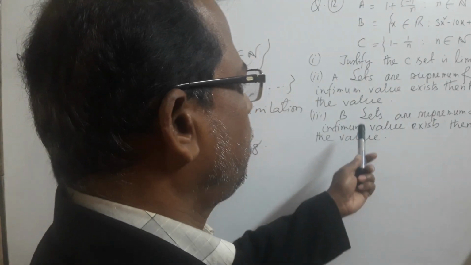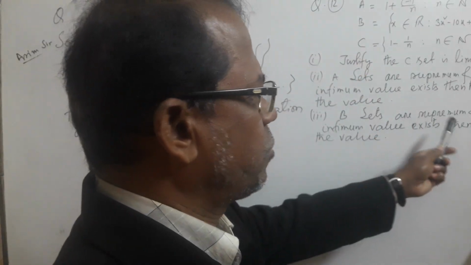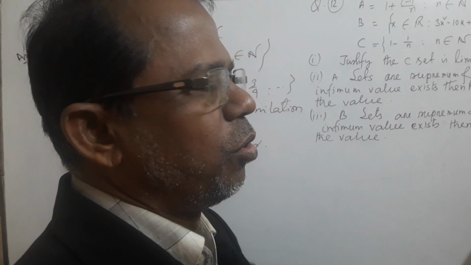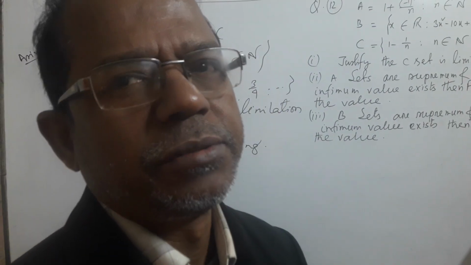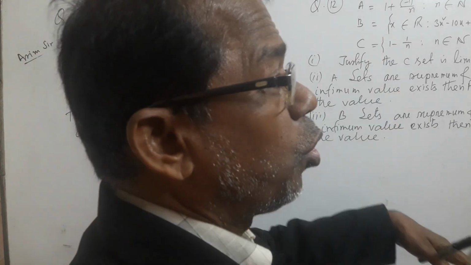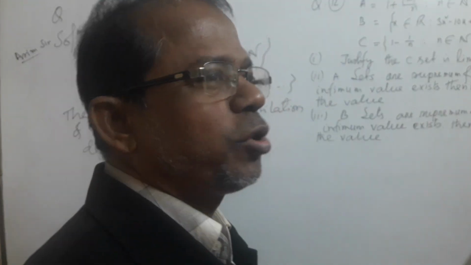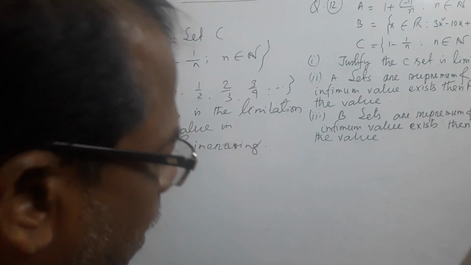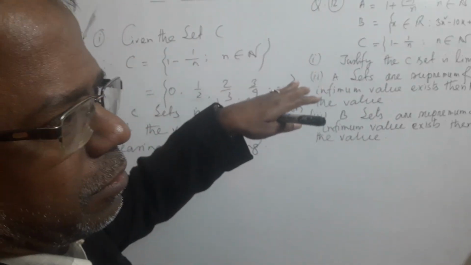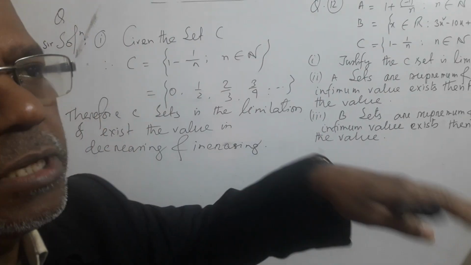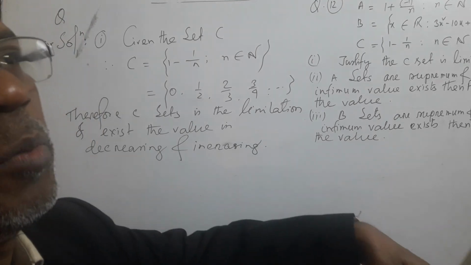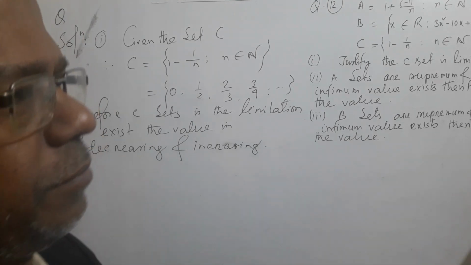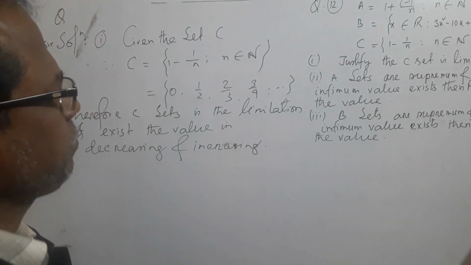And the third question: do the supremum and infimum values of set B exist, then find the values. This is the question pattern, and you have to write the solution in the examination hall.